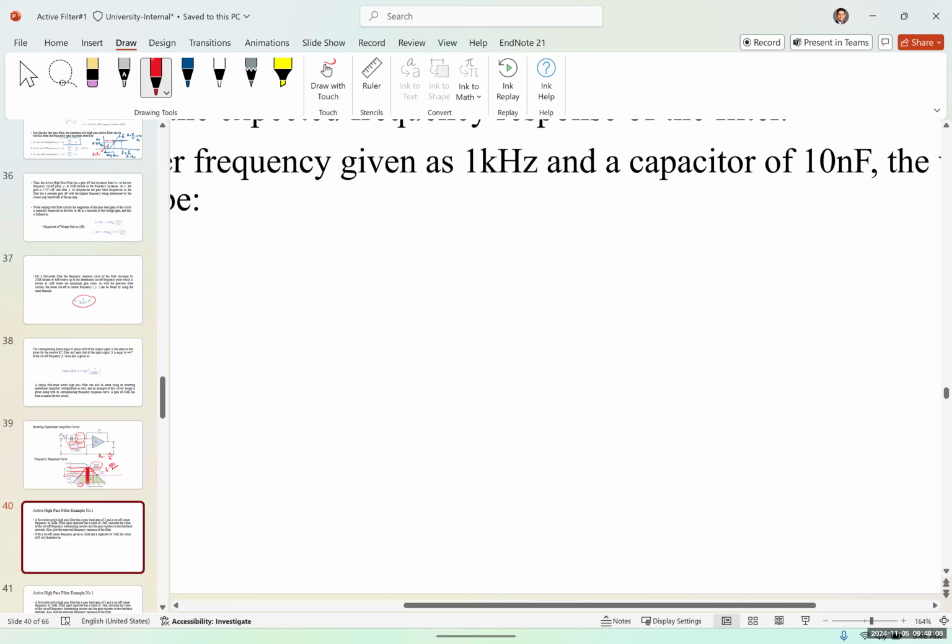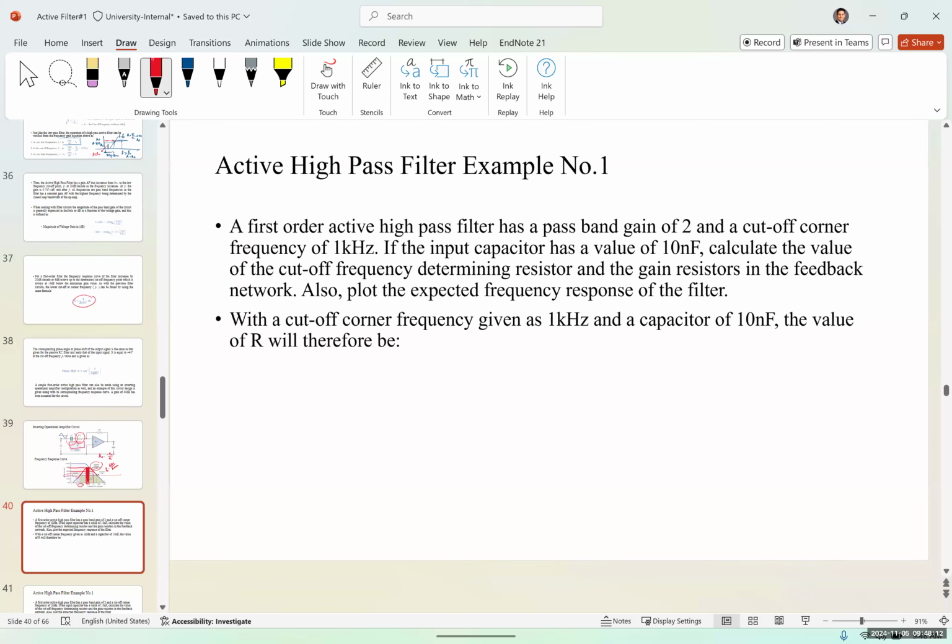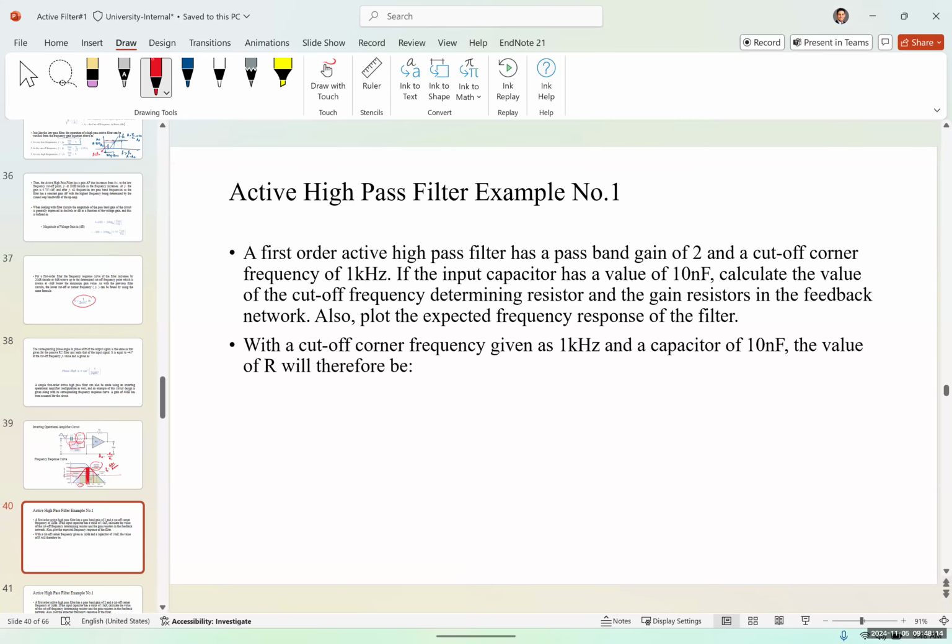Now, let's solve an example. I'll give you, let's say, 7 minutes to solve this. It's an active high pass filter, has a pass band gain of 2 and a cutoff corner frequency of 1 kilohertz.